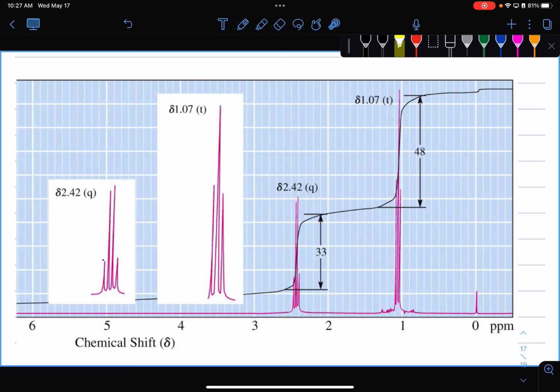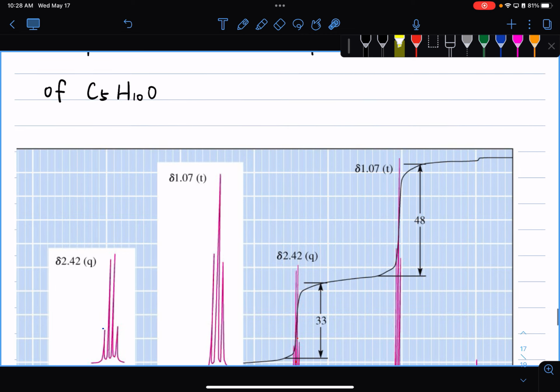So this kind of question will give you more information in either molecular formula or after we learn mass spectrometry and IR spectroscopy, you'll also get information from those methods. But for now, let's just think about it. We have the molecular formula of C5H10O, and in this molecule, we're trying to figure out, all right, what does my molecule look like?